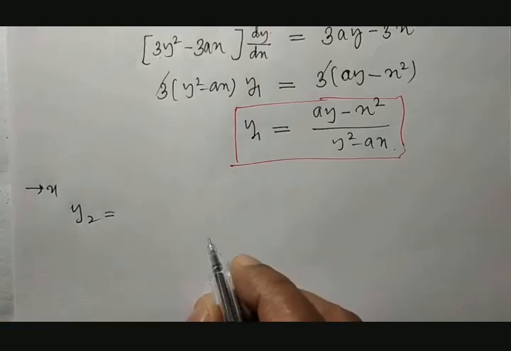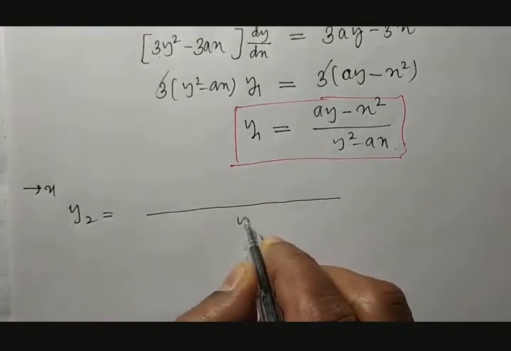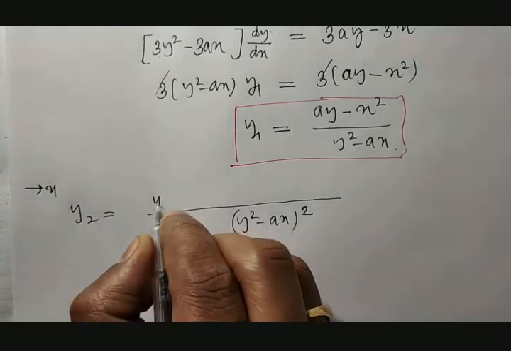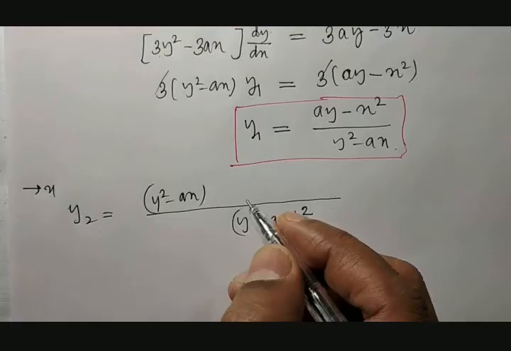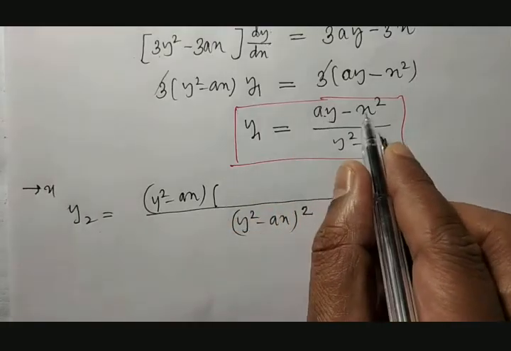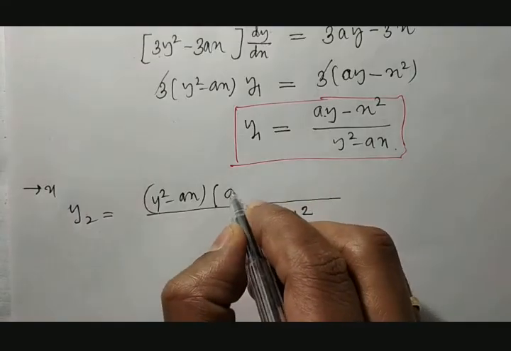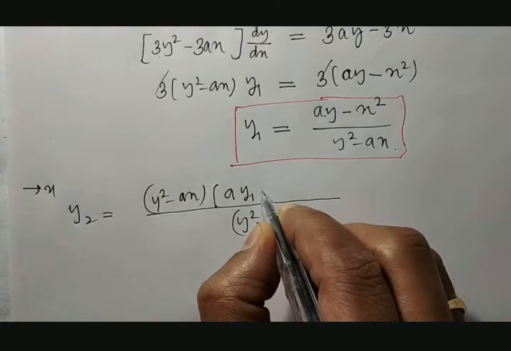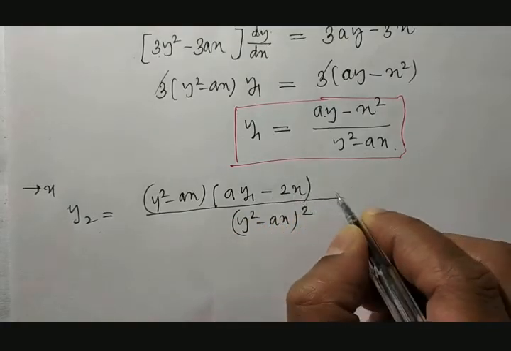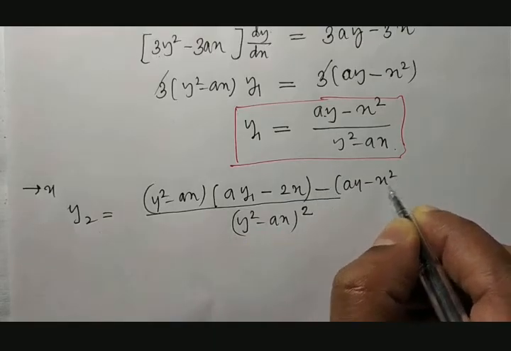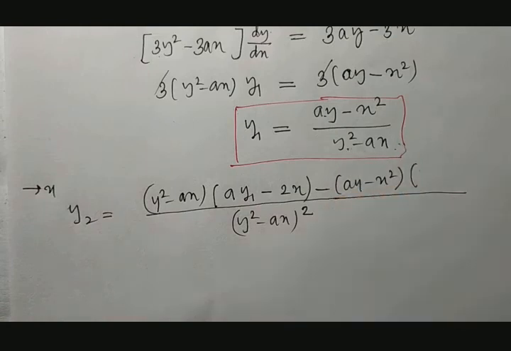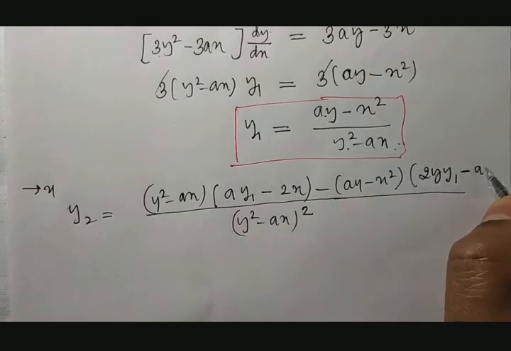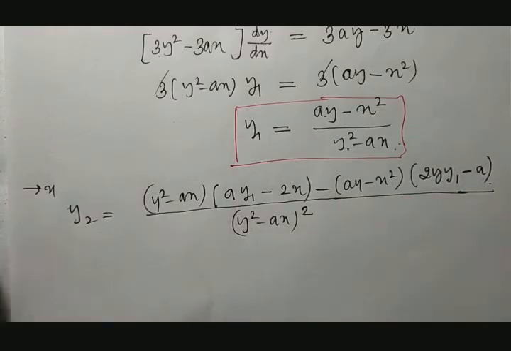We can see it is in u by v form, so the square of the denominator first, then denominator into differentiation of the numerator, which is a into y1 minus 2x, minus the numerator ay minus x square into differentiation of the denominator, 2 times y into y1 minus a. This is all about y2.